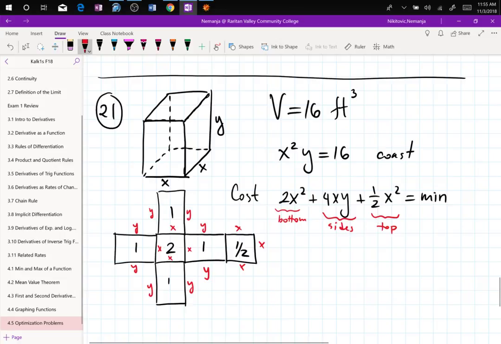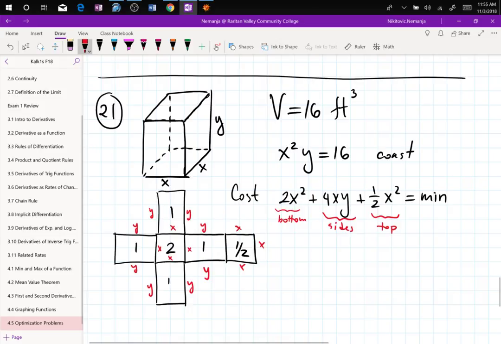So our job is to now minimize this. It says, what are the dimensions of the crate that minimize the cost of materials? Well, how do you minimize the cost of material? You minimize it by reducing the surface area, right? Because the less area you have, the less cardboard you are using to make a box.